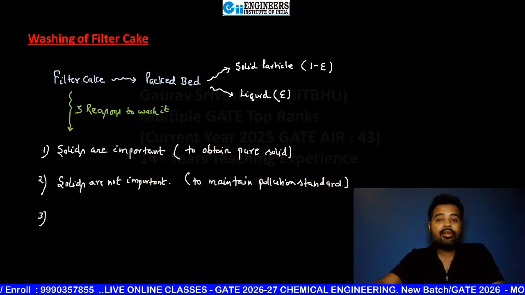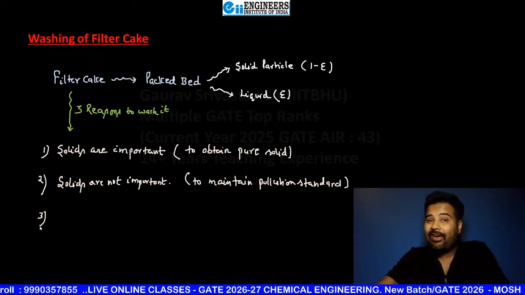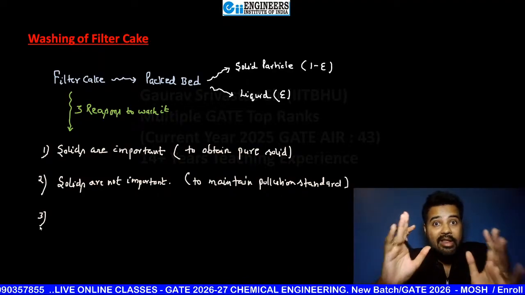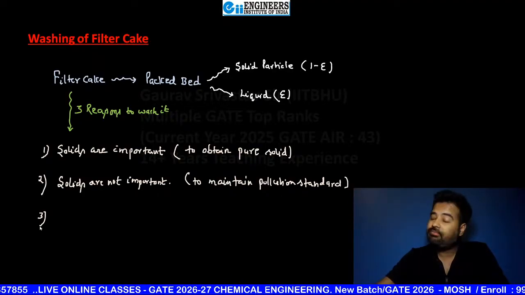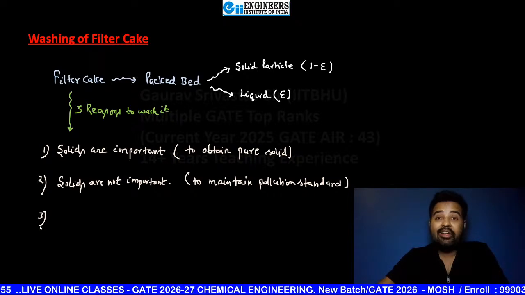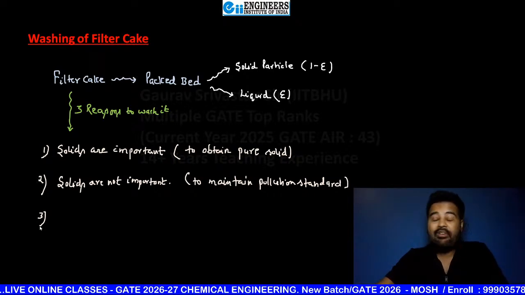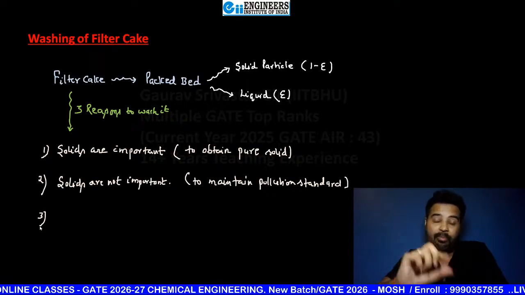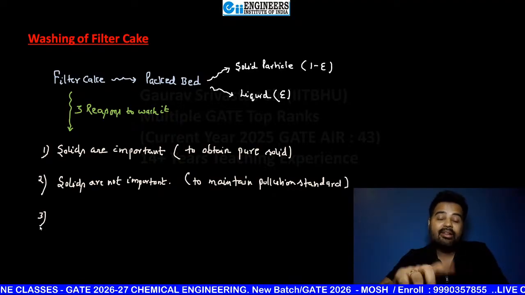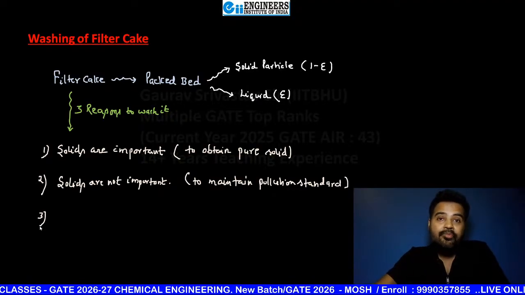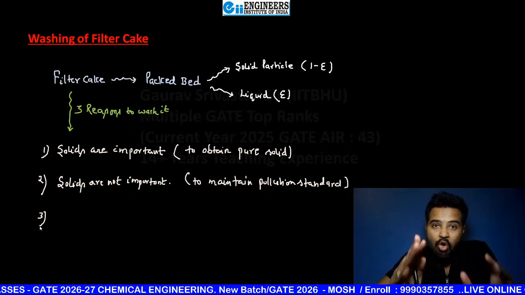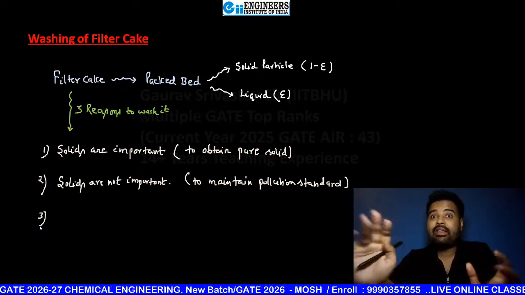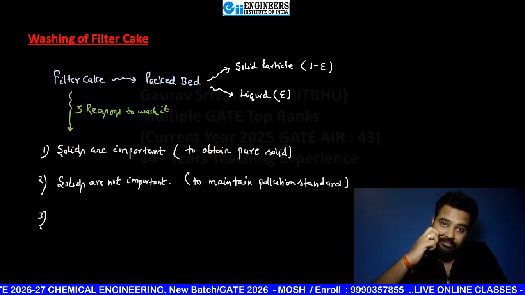Now the third reason is our liquid filtrate is very costly for us. We can't afford to lose a single drop of that filtrate. So we have to remove the complete liquid from that cake before discarding it.